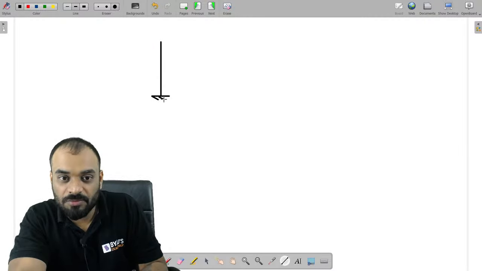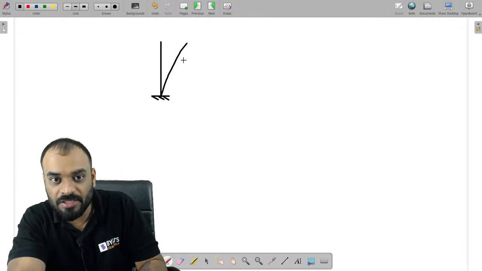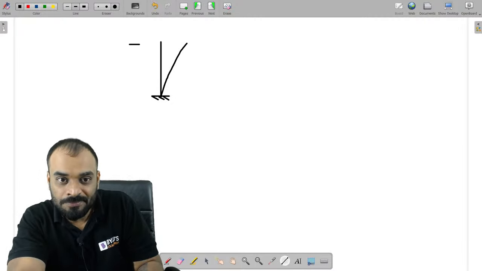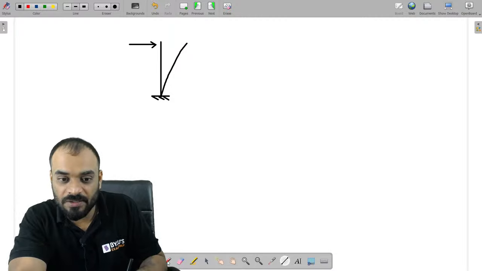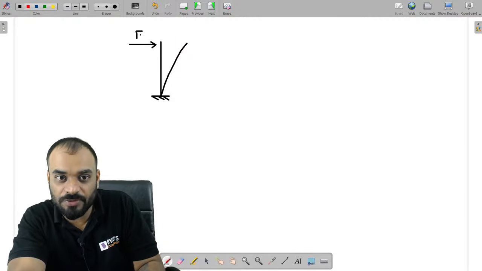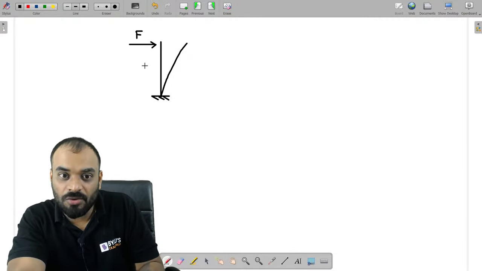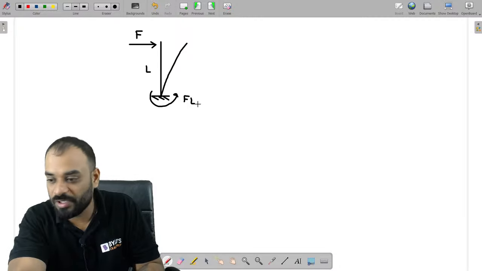Let us suppose this is a cantilever beam, and if it is acting as a free end, then this should be the deflected shape. Okay, and let us consider certain force you have applied over here, let us suppose F. Now this is our length L. Now tell me guys, how much moment will be generated at this particular end? Can I say that it is equal to F into L only?